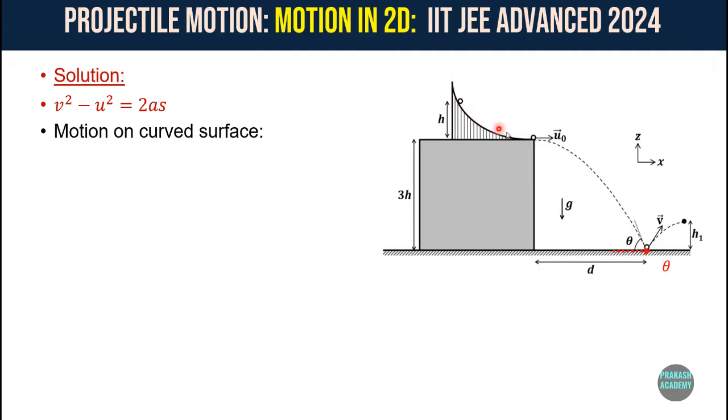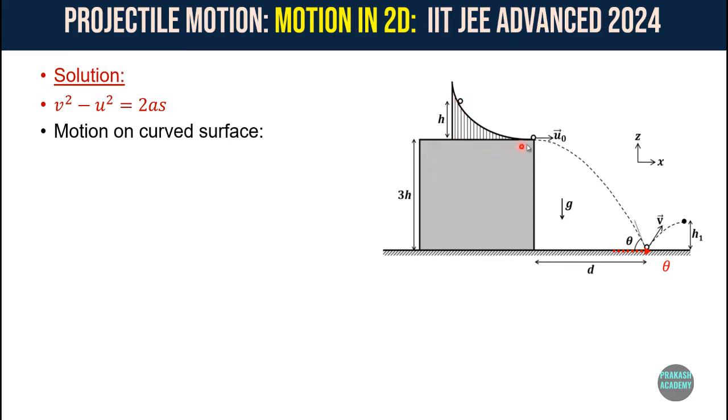Since this is frictionless, we can apply energy conservation. Basically this ball is losing potential energy and slowly gaining kinetic energy. So now I can apply: loss in potential energy is equal to gain in kinetic energy. How much is the loss in potential energy? mgh.